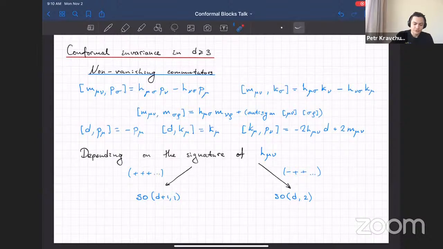Since this is a concrete Lie algebra with real structure constants, we can try to identify what this Lie algebra is, and depending on the signature of the metric, we get two choices. If we choose Euclidean signature, then the algebra is SO(d+1,1), which we sometimes call the Euclidean conformal algebra. If we use the Lorentzian metric, then we get the algebra SO(d,2), which is sometimes called the Lorentzian conformal algebra.